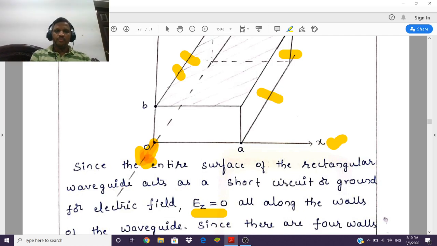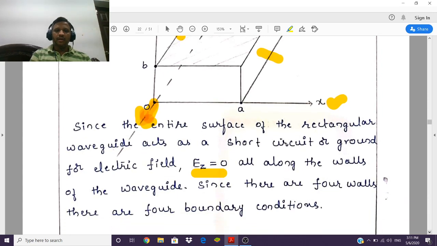There are other components, like Ex, which will also become 0, but here we don't consider Ex because our expression for transverse magnetic mode of analysis requires only Ez, and that Ez at all four boundaries we consider as 0.